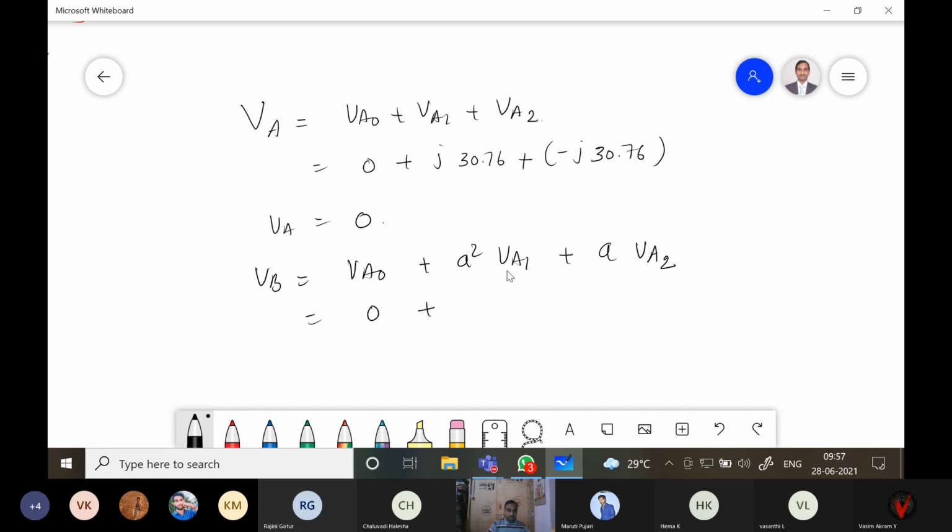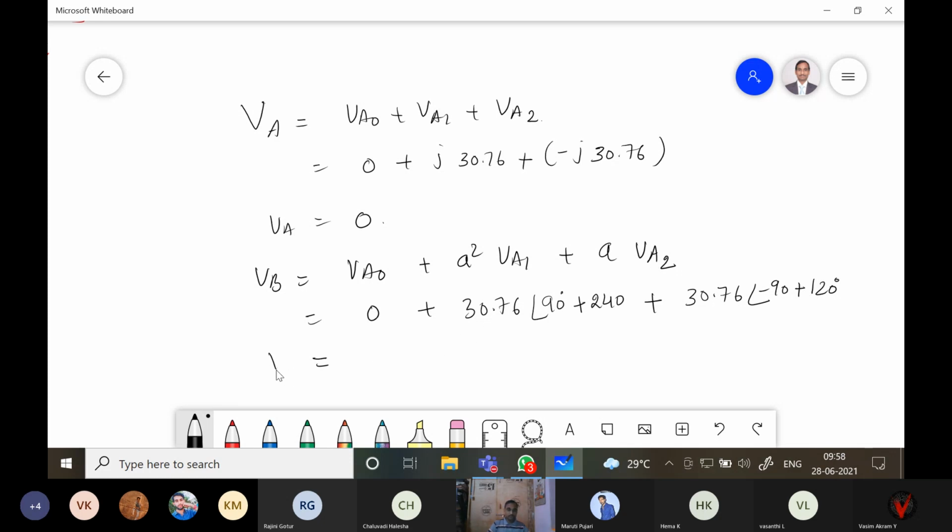VA1 is 30.76 at an angle of 90 plus a squared, that means 240, and VA2 is 30.76 at an angle minus 90 plus a, that means 120. a squared is 240 degree, a is 120 degree.